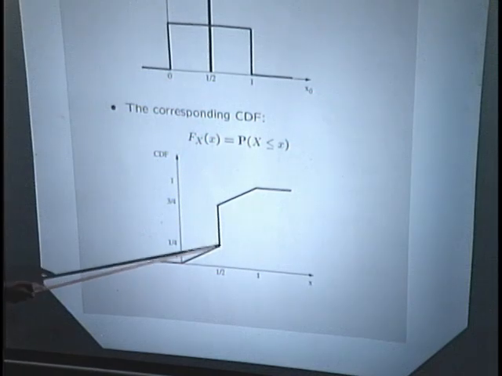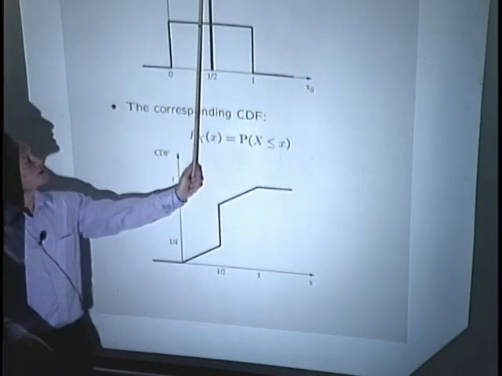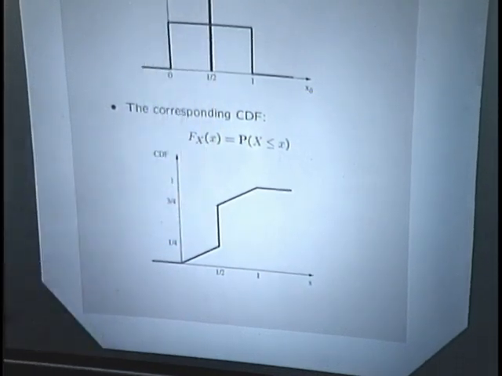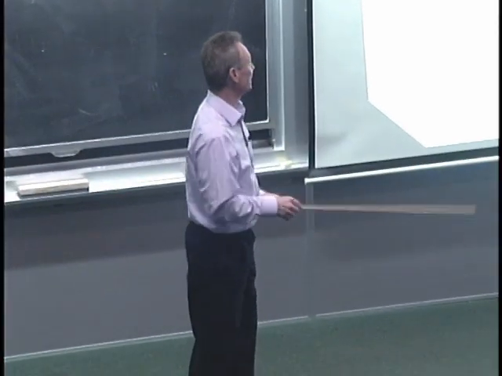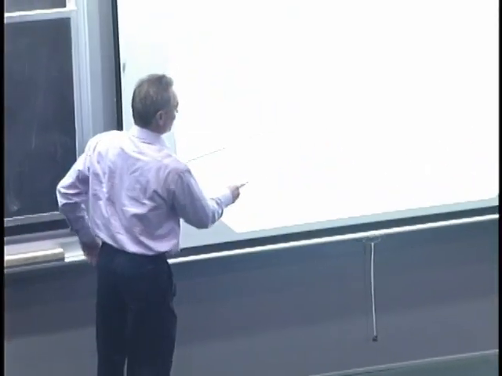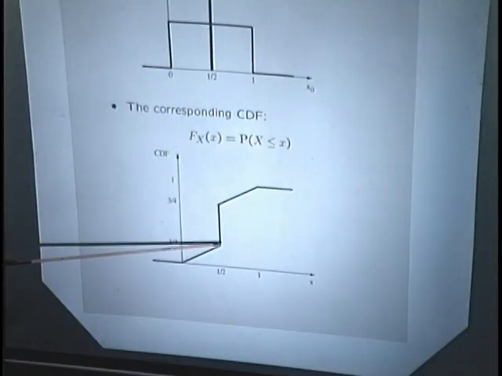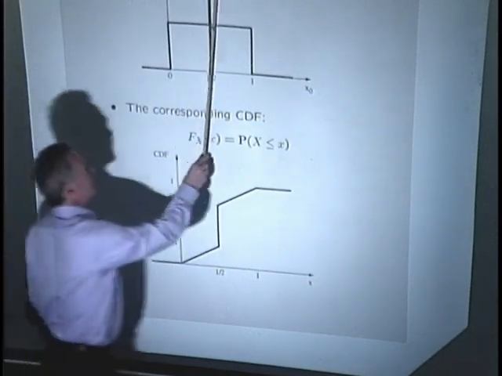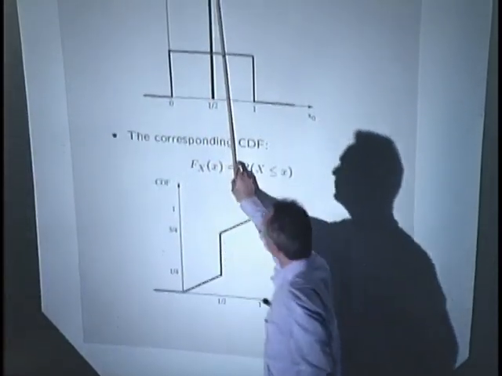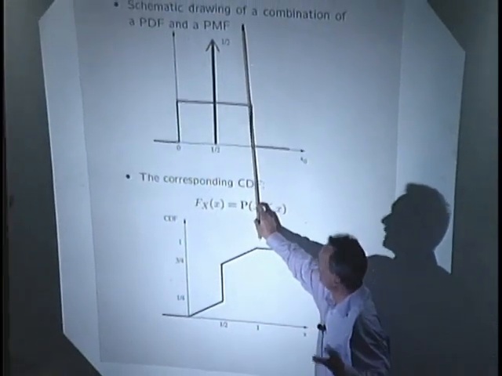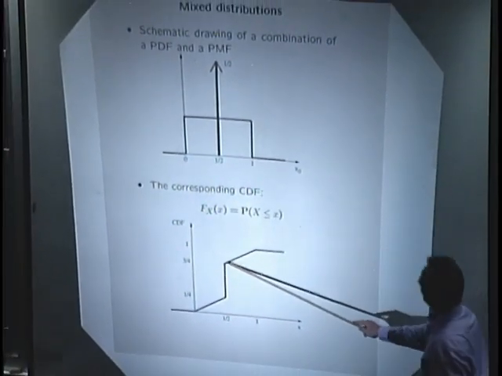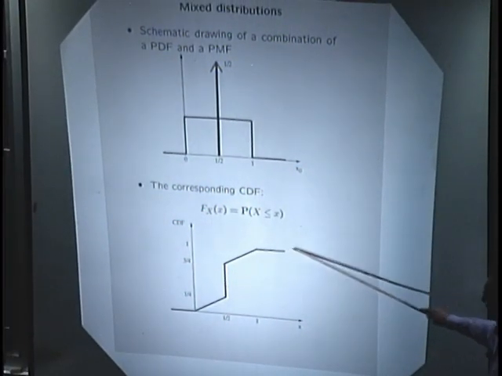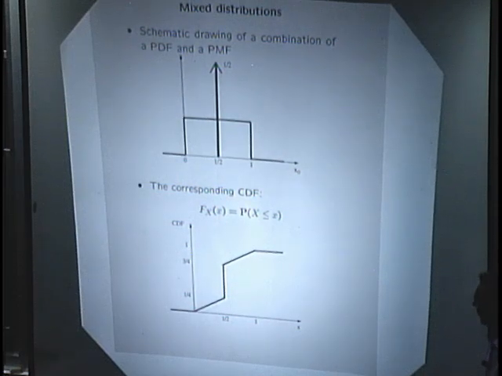So we get this linear increase. But as soon as I cross that point, I accumulate another half unit of probability instantly. And once I accumulate that 1/2 unit, it means that my CDF is going to have a jump of a half. And then afterwards, I still keep accumulating probability at a fixed rate, the rate being the density. And I keep accumulating, again, at a linear rate until I settle to 1.